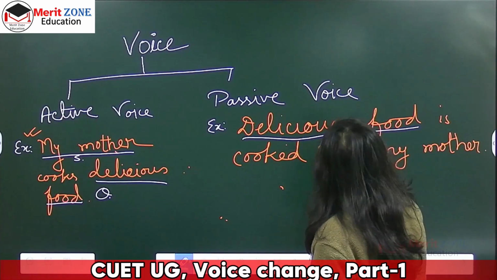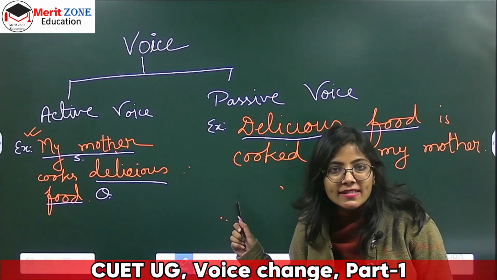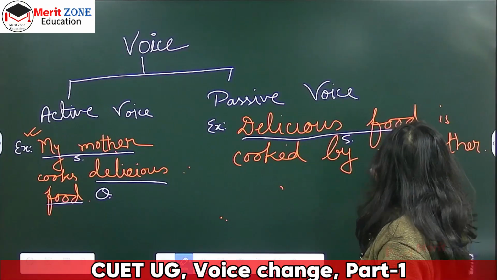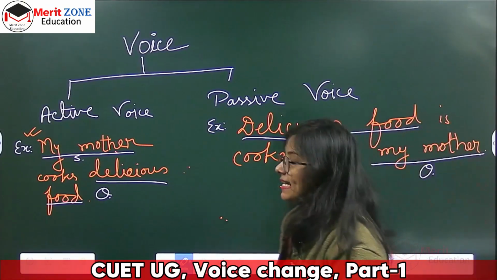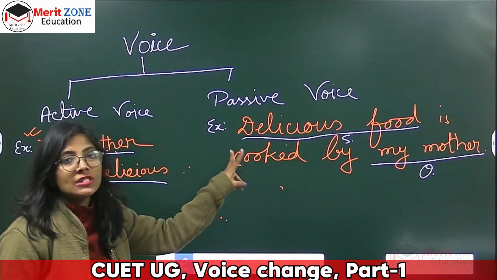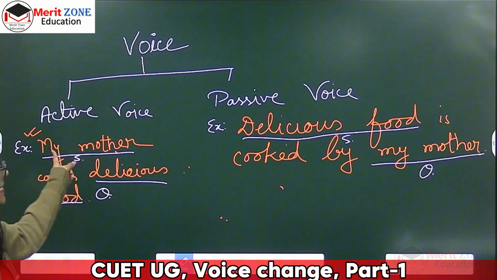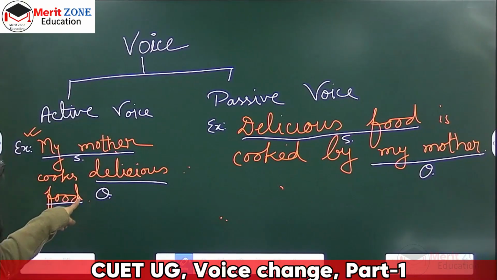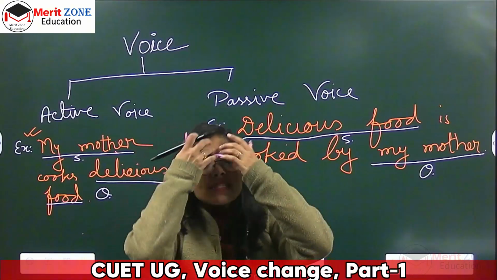So this becomes the subject here, and where is the object in this sentence? My mother is the object in the sentence. Now you look at these two different sentences. This was subject, my mother, it has become object. And here delicious food was the object. This has become subject in passive voice. So what is the moral, like gist?